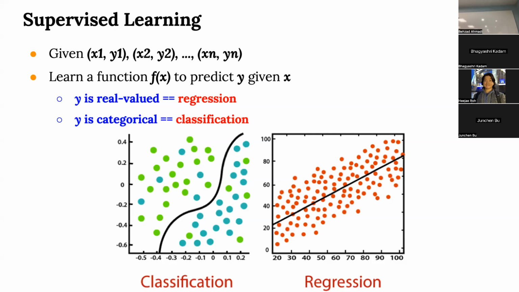You would say, okay, calculate f of x. If it's above a certain number, it's blue. If it's below a certain number, it's green. So you see, you're solving a very similar problem in both of them. Making it a regression or classification is a very last layer type of decision that you make. Okay?